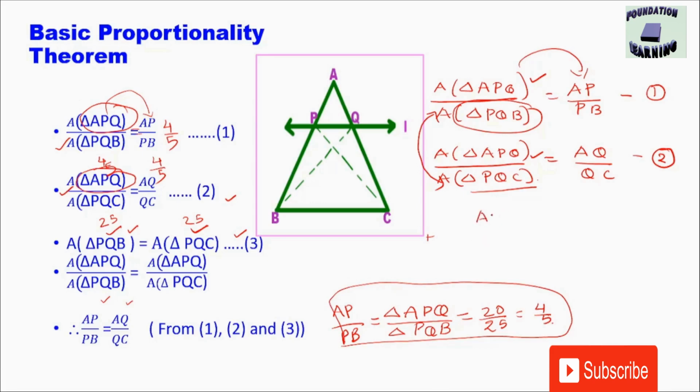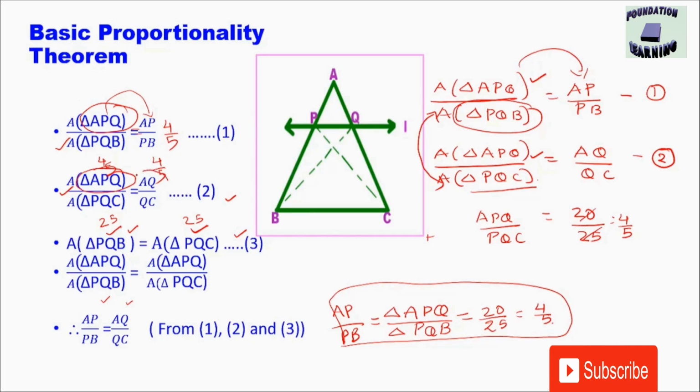This is just an example. And next we said APQ upon PQC. We have said APQ is equal to APQ, so we have taken 20. PQC is 25 because PQB is equal to PQC, we have taken it as 25. When we cancel, we get 4 upon 5.